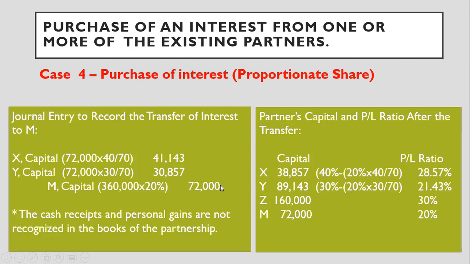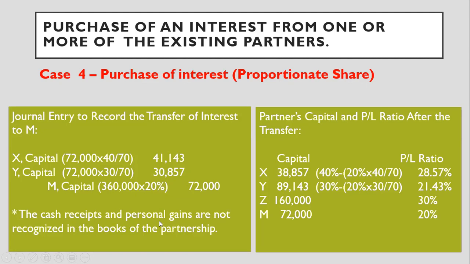And then the 72,000 now will be shared by X and Y using their P&L ratio. So the total ratio of X and Y is 40 and 30, the total is 70%. So for X capital is 40 over 70 times 72,000. So X will share 41,143. And then for Y, it's 30 over 70 times 72,000. Y will share 30,857.